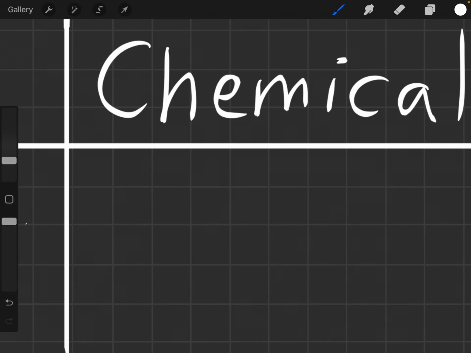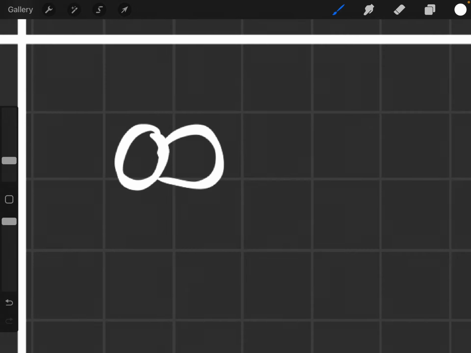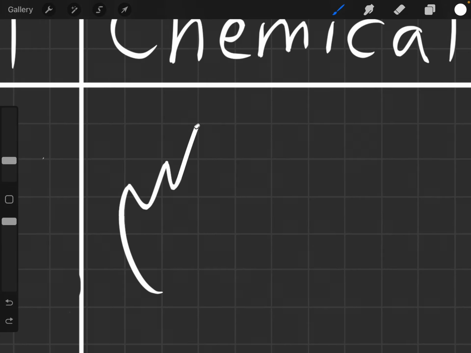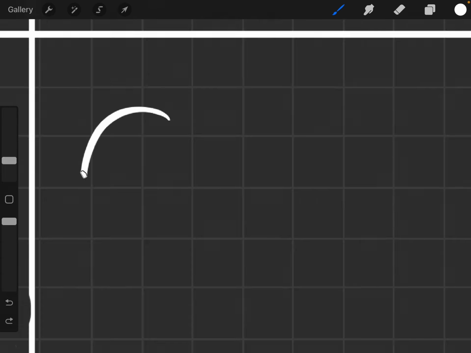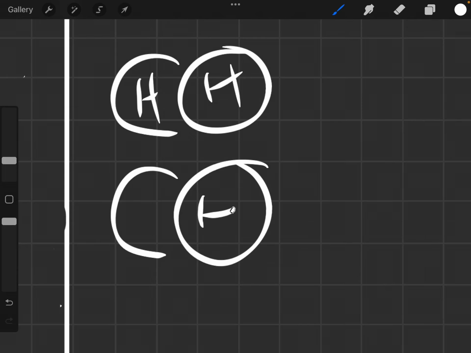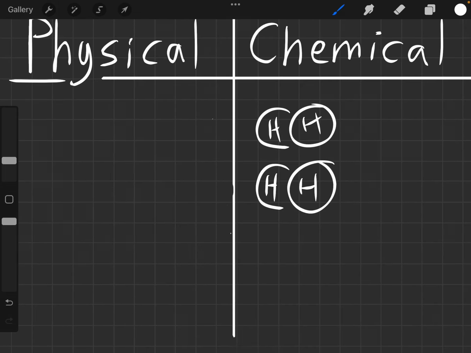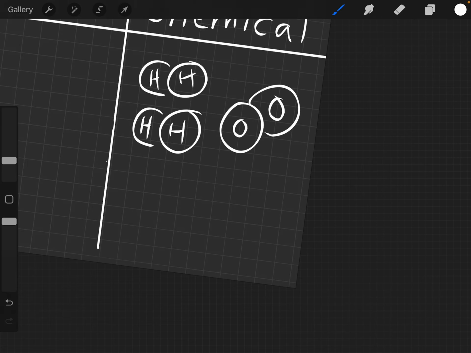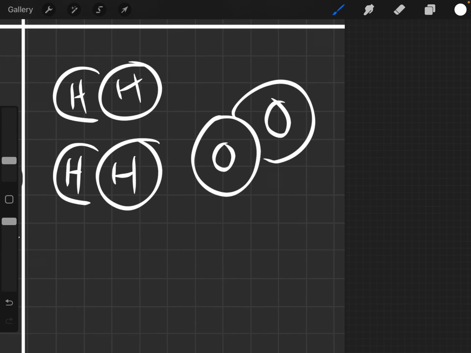Chemical changes, however, change the molecular structure of the substance, right? So there's a change to the molecular structure. And one example of this is fire or combustion. So imagine you have some hydrogen gas, which is just two hydrogen atoms connected together, and they're just floating around because they're a gas. And then you introduce some oxygen molecules and you introduce some heat, maybe a spark.